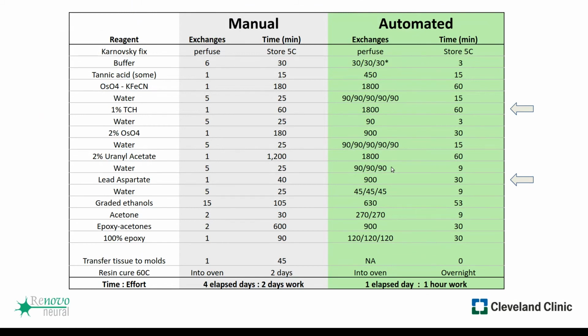Oh, wait. Graham mentioned, did someone mean lead rather than the osmium? The question asked about osmium. Yeah, but maybe they meant lead. Okay, it'd be the same kind of answer. It just matters about washing well. With lead aspartate, it's not the same as the lead that's used for TEM, which is lead citrate. This is lead nitrate mixed with aspartic acid.